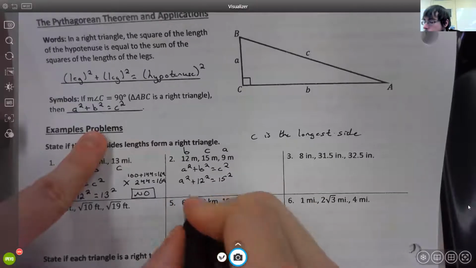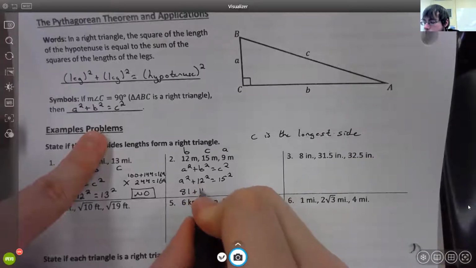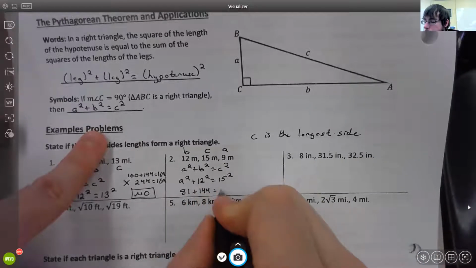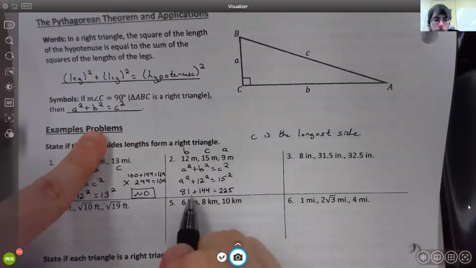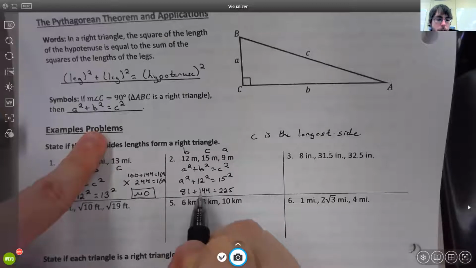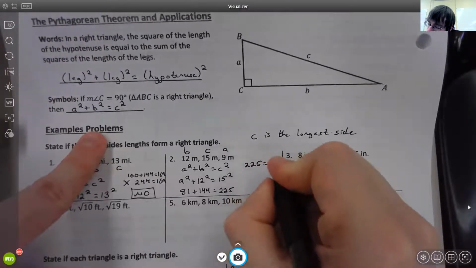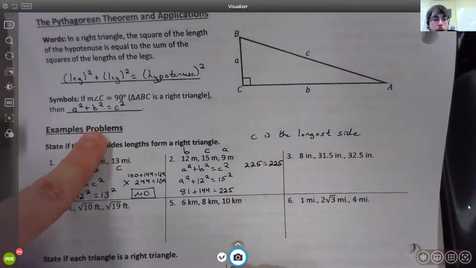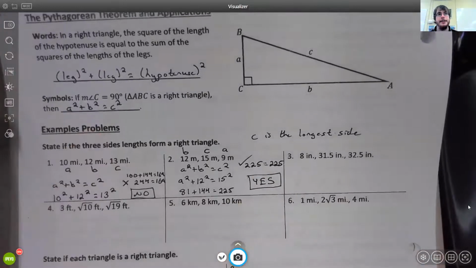You have 9 squared is 81. 12 squared is 144. And 15 squared is 225. So you're trying to see if 81 plus 144 does indeed equal 225. 81 plus 144 is 225. Last time I checked, 225 is equal to 225. So this is a right triangle. So you would put yes.